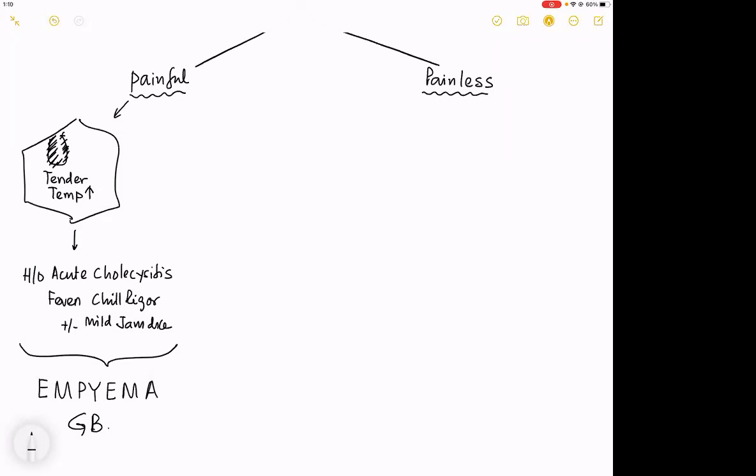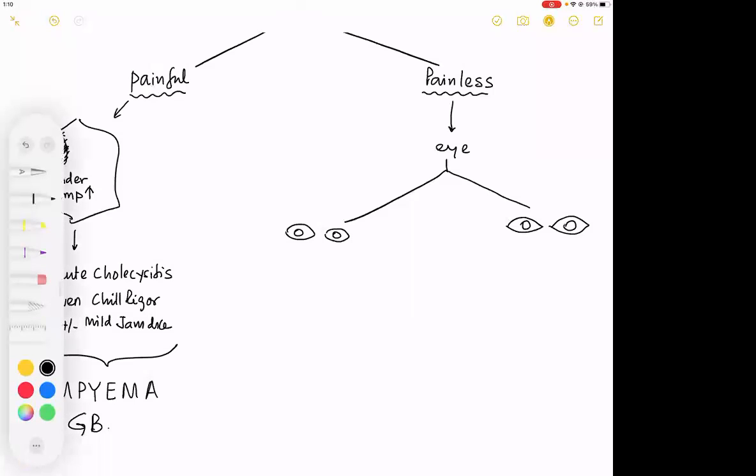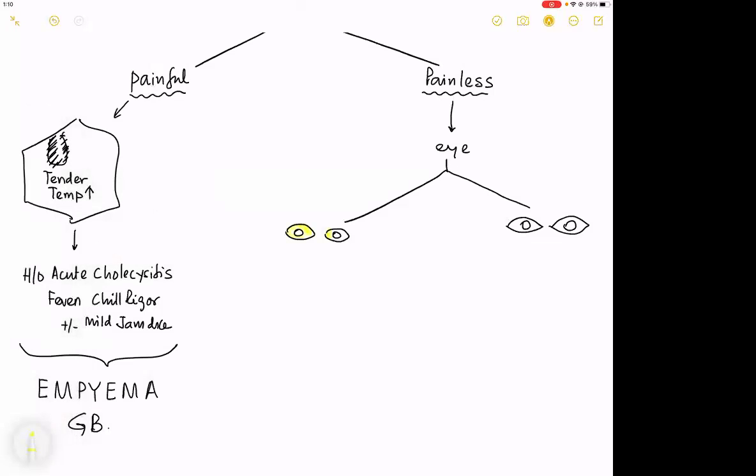Now, if it is painless, look into the eyes of the patient. Why? Simple again. If the patient has jaundice, and no pain, so that means there is painless jaundice.